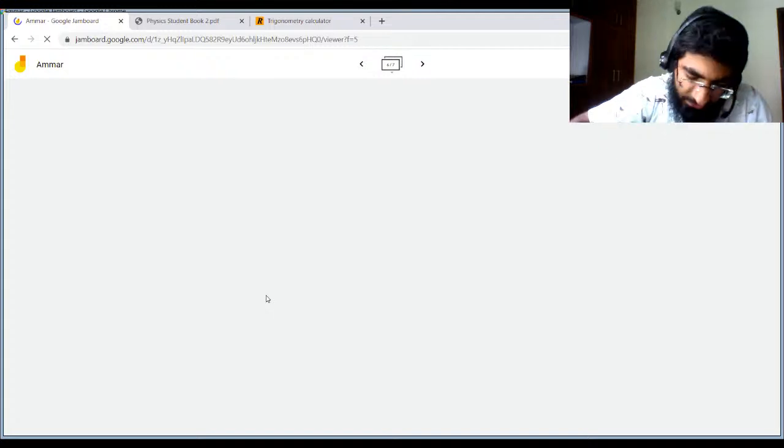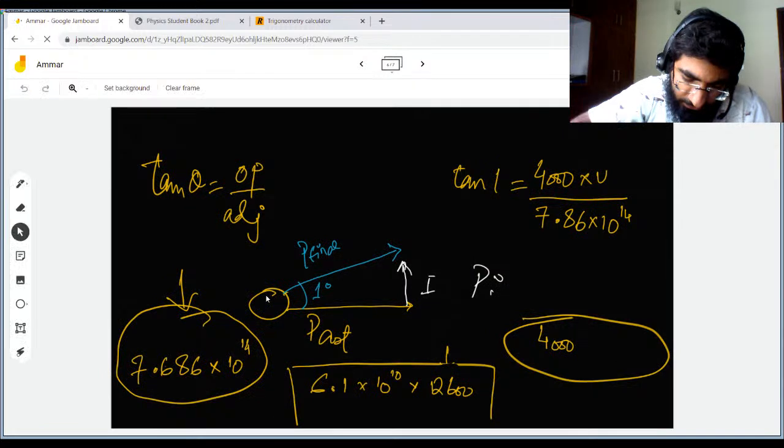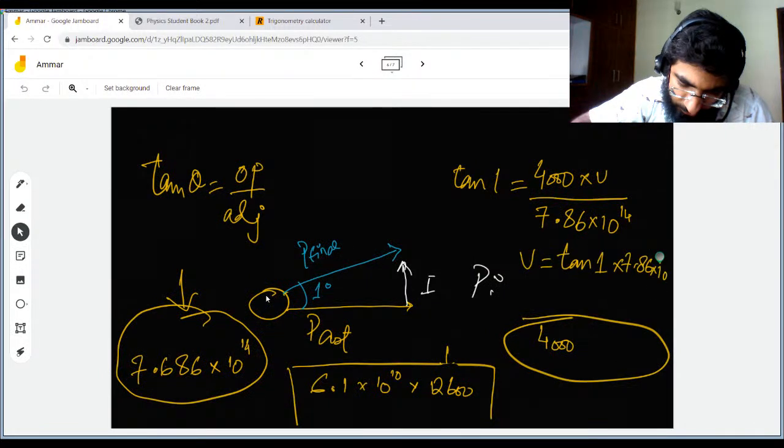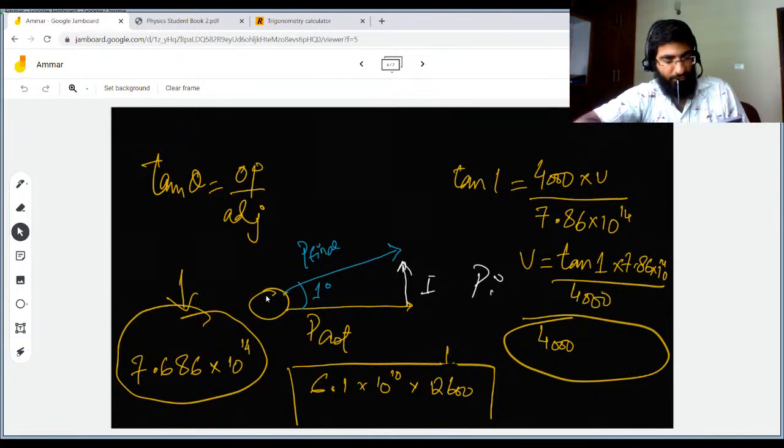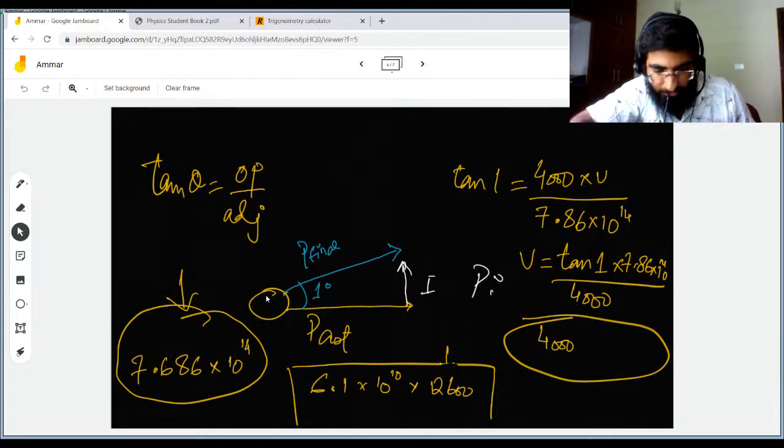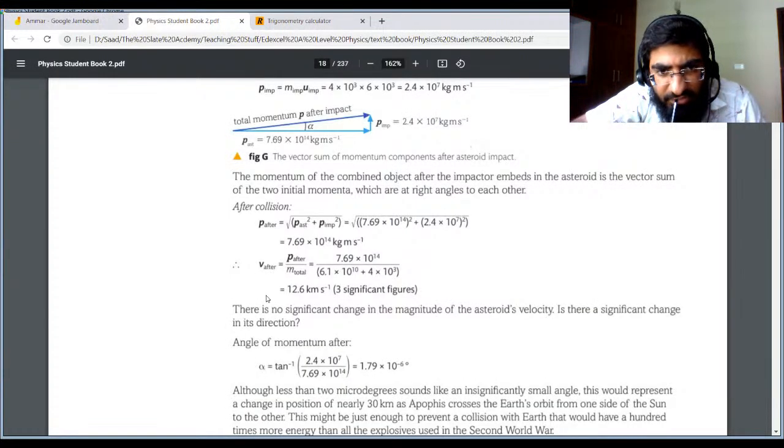So now rearranging things, I get V is equal to that divided by 4000. So this gives me 7.686 into 10 raised to the power 14. Did I copy it right?